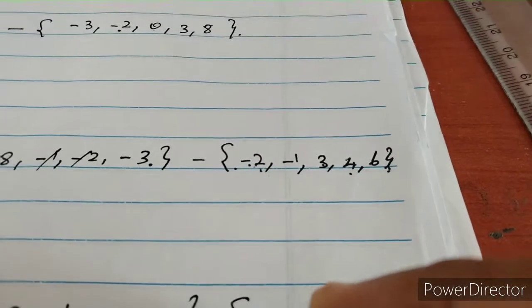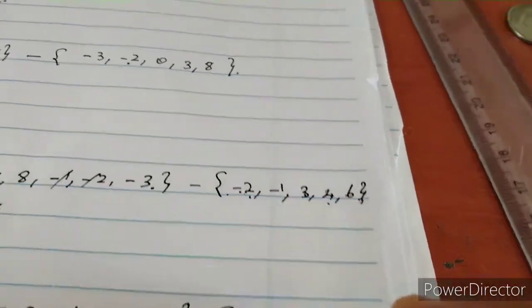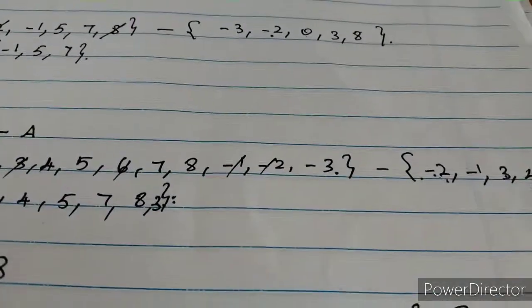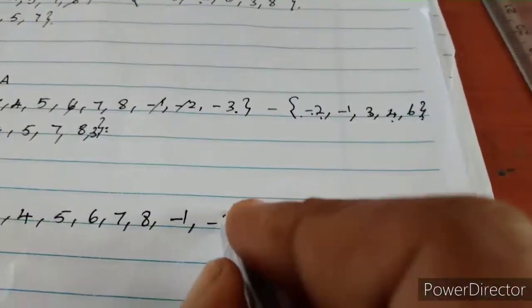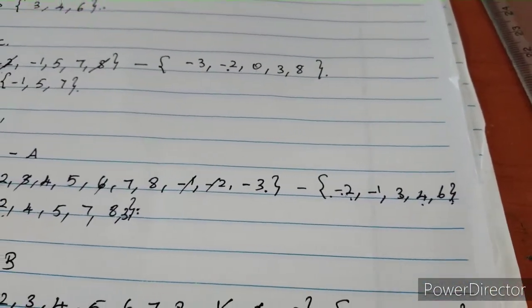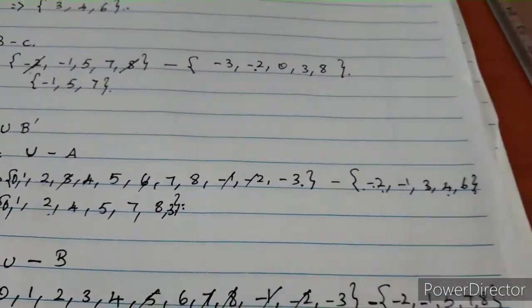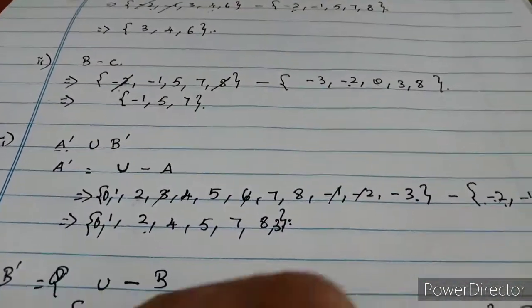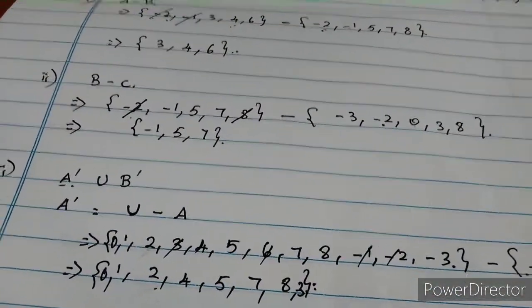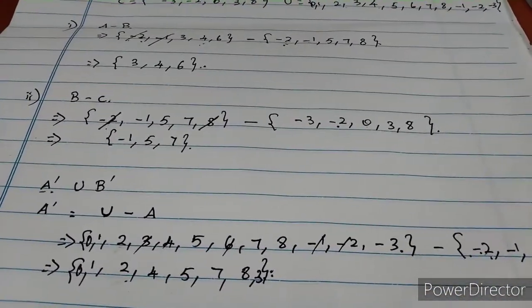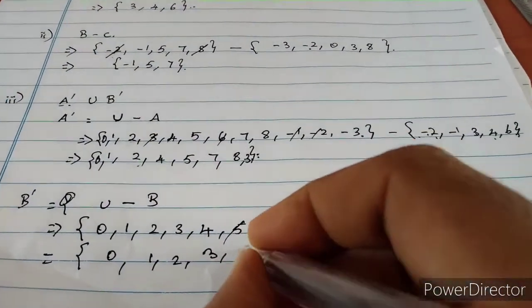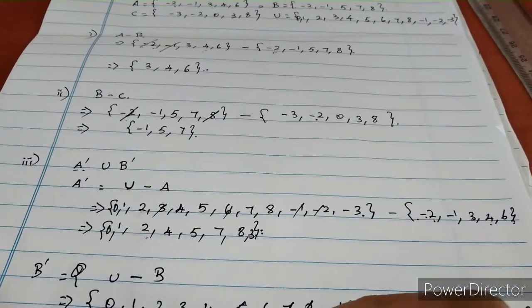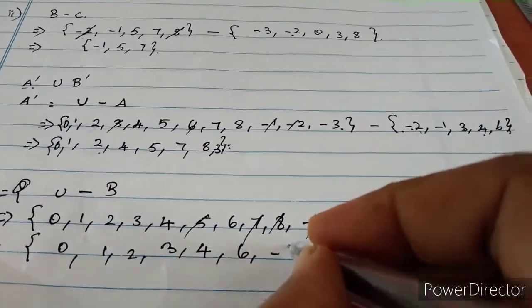Then the elements of B are -2, -1, 5, 7 and 8. Now strike out the elements which are present in B, that is -2, -1, then 5, 7 and 8. The remaining elements are 1, 2, 3, 4, 6 and -3.